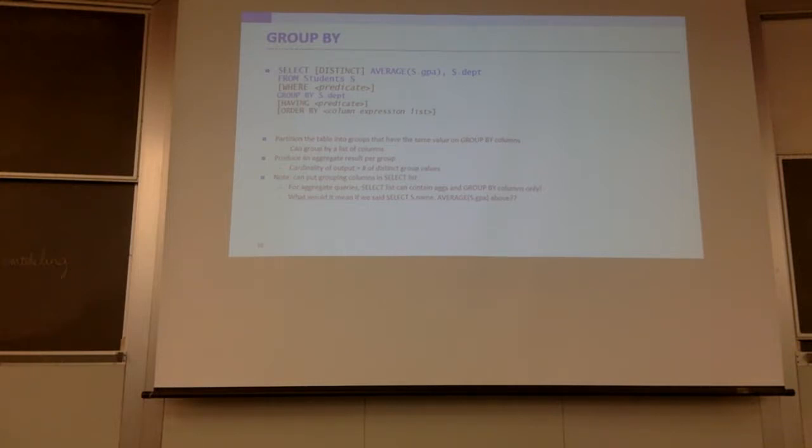So this query will produce one row for each group. In particular, for each of the departments that exists in your table, there will be one output, and that consists of the name of the department and the average GPA of the students in that department. Okay.